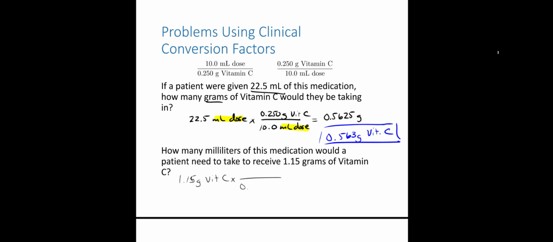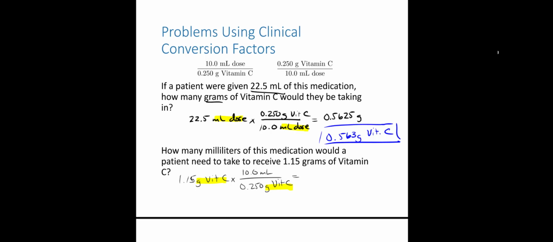So we're going to say there's 0.250 grams of vitamin C in a 10 milliliter dose. And I don't really need to write dose there. And I double check vitamin C grams. See, they're diagonal to each other, so they cancel.